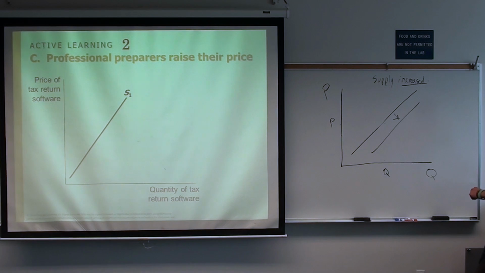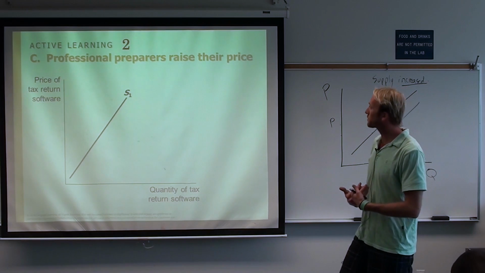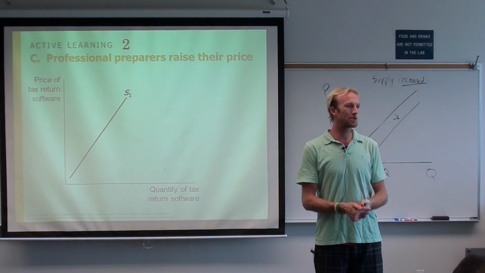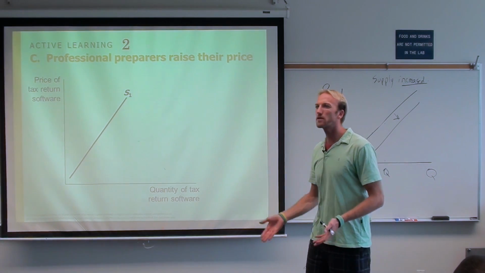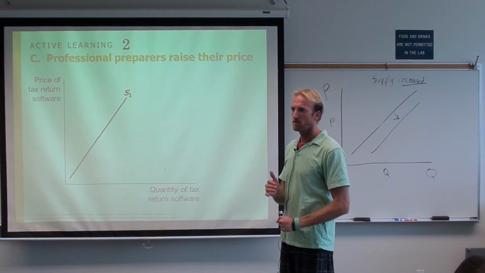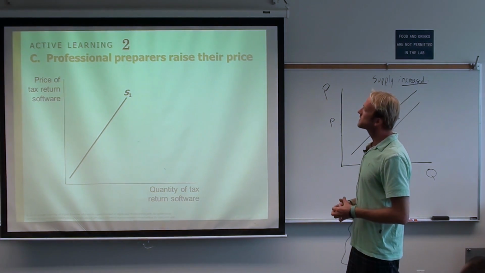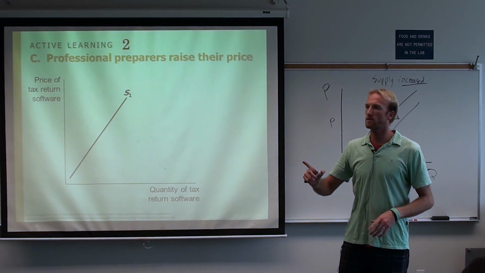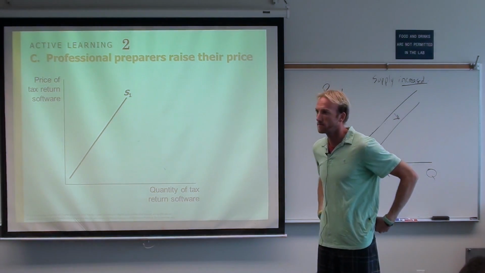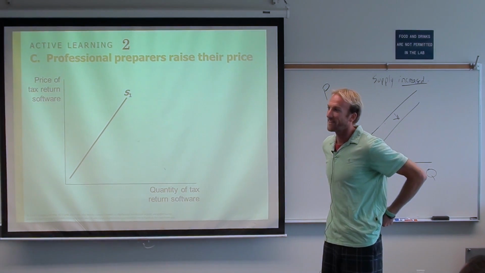OK. And then finally, professional tax preparers, such as H&R Block, raise their prices. So what category is this? Yeah, exactly. So what happens when substitutes change their price? I'll give you a hint.